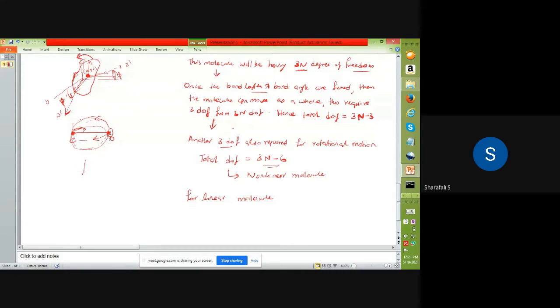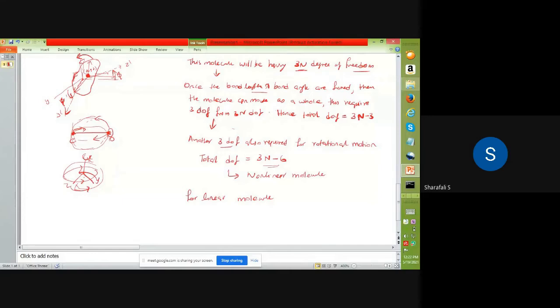For example, if you consider another, nonlinear molecule, let's say this is x, y, z, it can rotate in this plane, it can rotate into and out of the plane, and it can also rotate about this axis, because when it rotates, these 2 atoms will change their position. This kind of rotation also makes changes in the energy level.